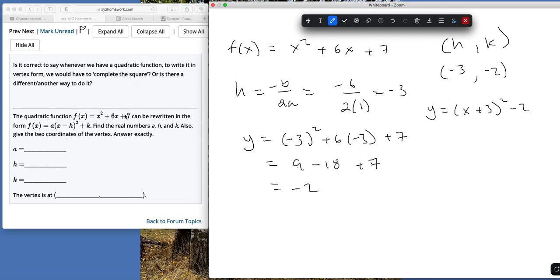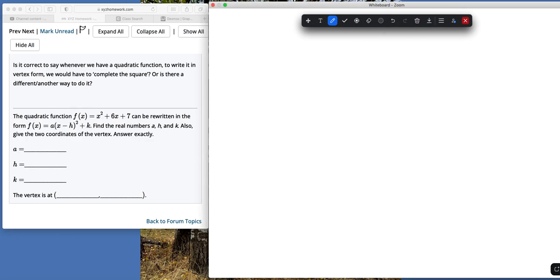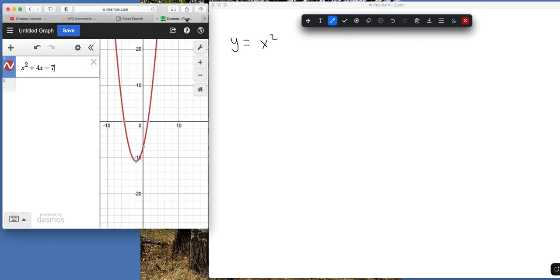Let me show you, in terms of the test, all the things that I would ask for on a problem similar to this. So let me clear this out, and let's do y equals x squared plus 4x minus 7.